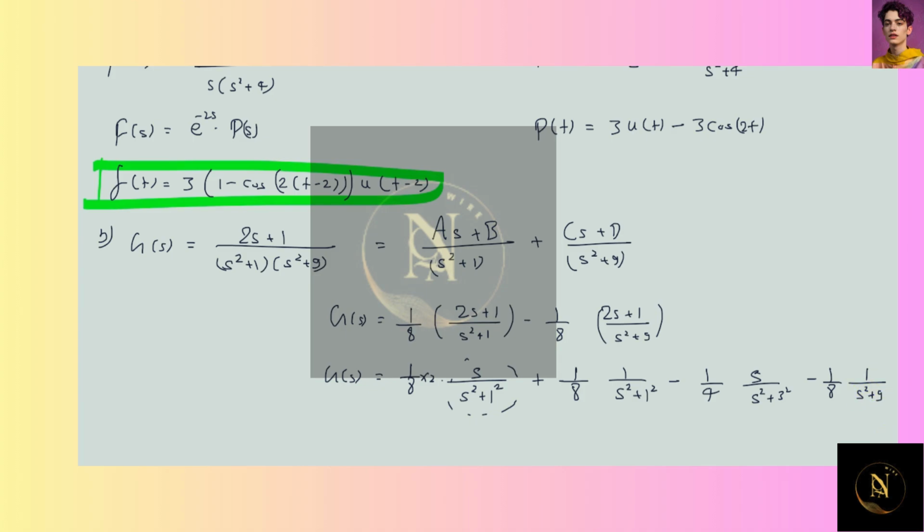Now when we solve it, g(t) = (1/4)cos t + (1/8)sin t − (1/4)cos 3t − (1/24)sin 3t.